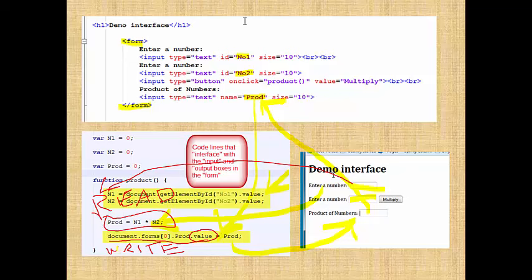You'll just need to make sure you've got the right IDs and the right name in the statements. That way everything will work fine as far as the reading and the writing of your data from your interface element.